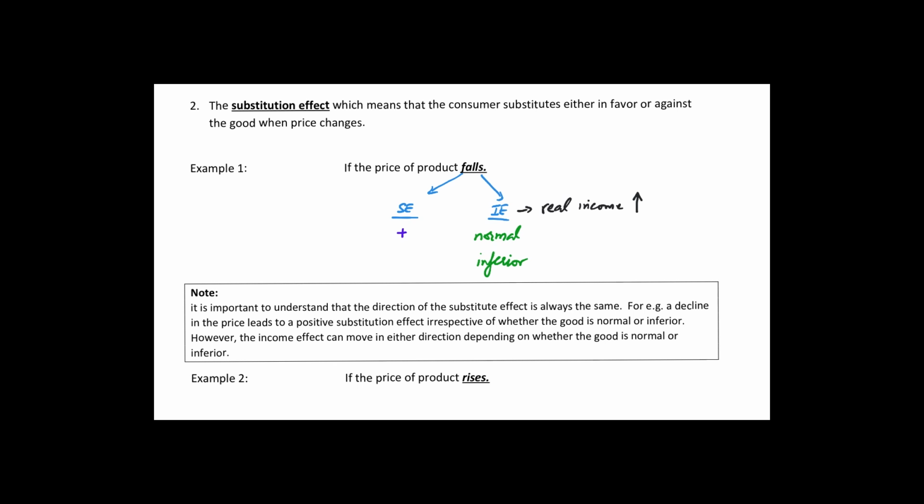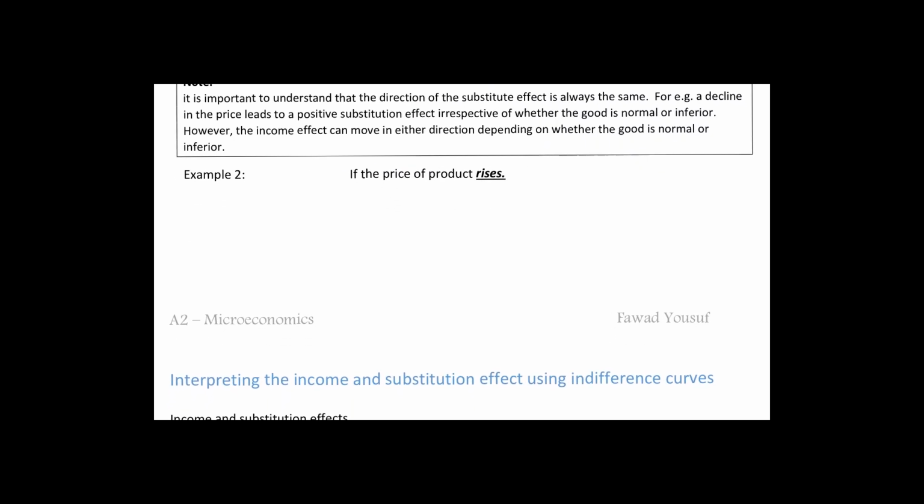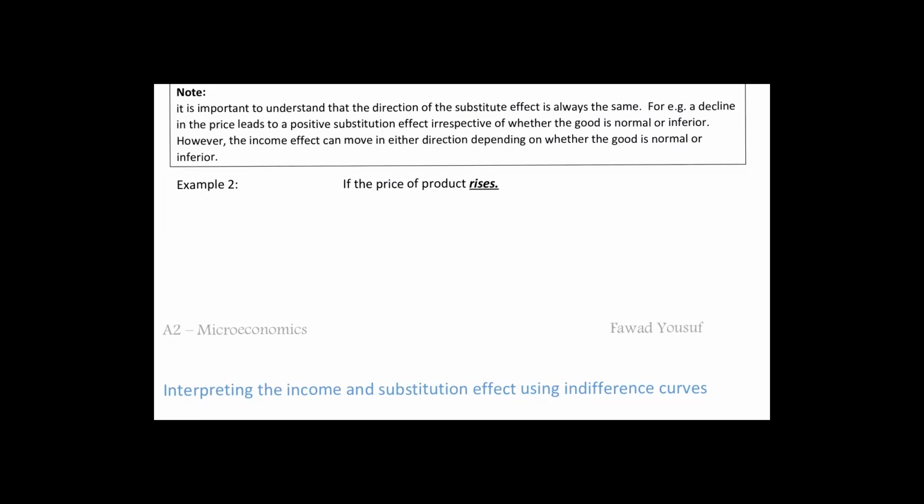So if it's a normal good and your real income is going up, you'll have a positive income effect, but if it's an inferior good you'll have a negative effect. Okay, similarly if the price of the product rises you have two effects, substitution and income effect.